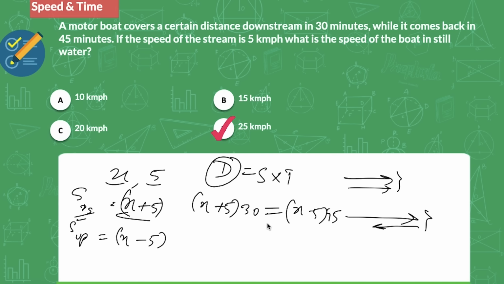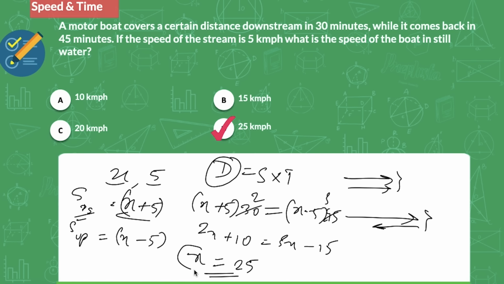So x plus 5 into 30 equals x minus 5 into 45, which is 2, 3. So 2x plus 10 equals 3x minus 15. That gives x equal to 25. So the speed of the boat is 25 kilometers per hour.